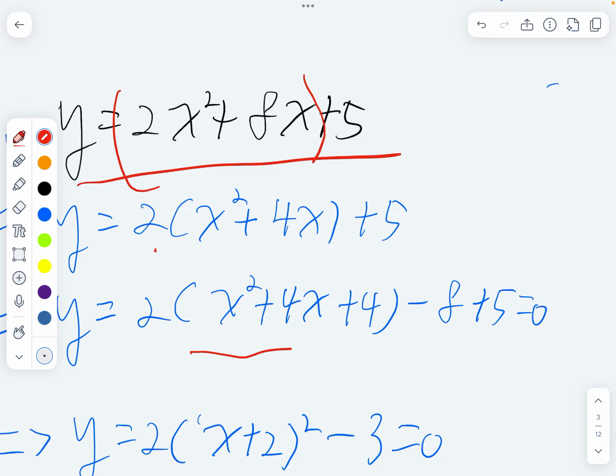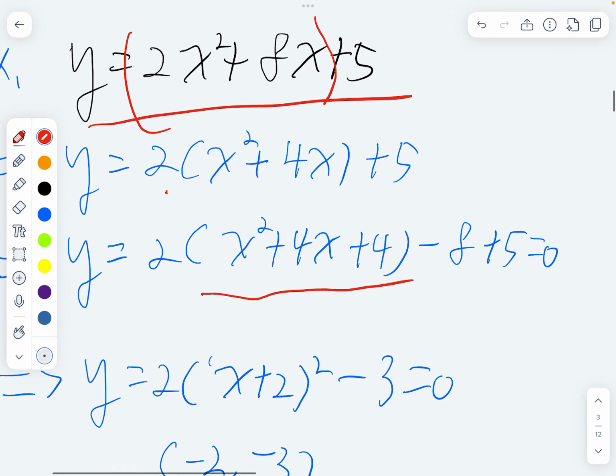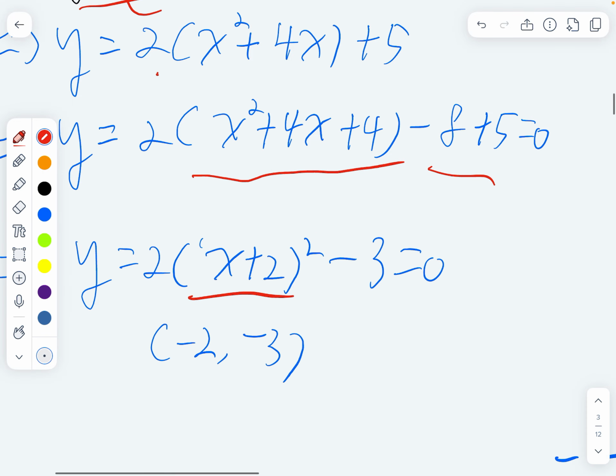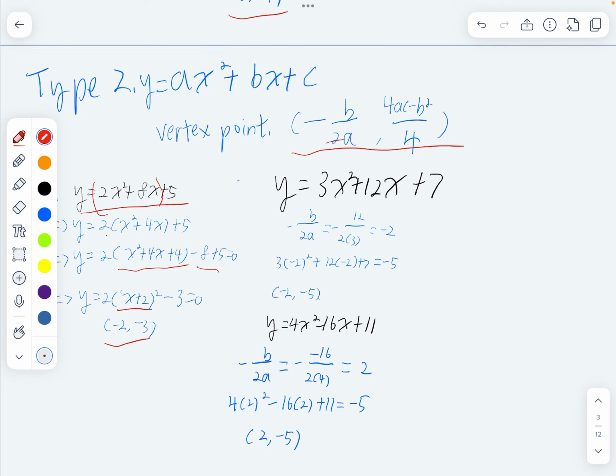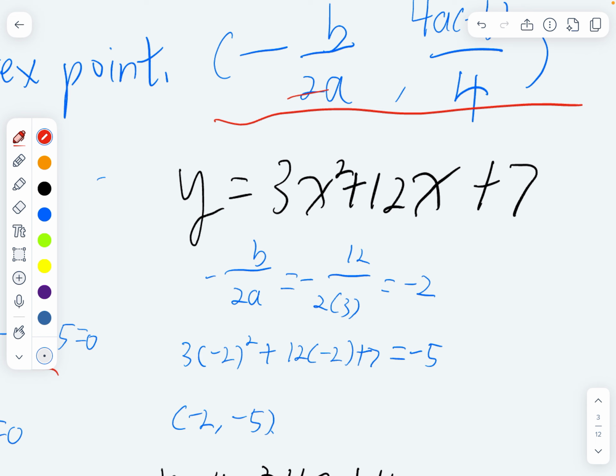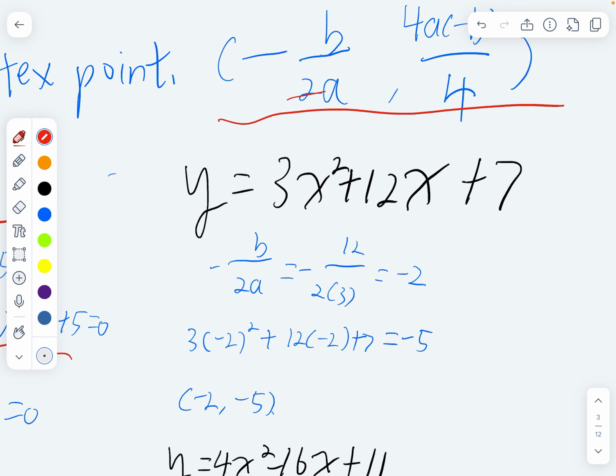Now we have the completed square inside. We can write out x plus 2, and the final term is negative 3, so we get 2 times x plus 2 squared, minus 3 here.